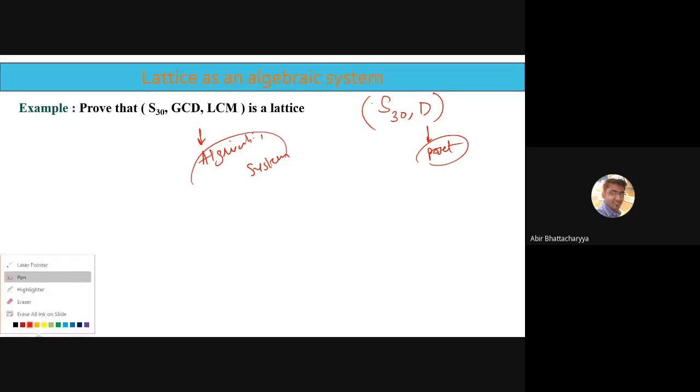This is lattice as a poset, because it is in poset form, and this is lattice as an algebraic system. So now we have to show lattice as an algebraic system. Similarly to the last question, we will move forward and prove all three laws.